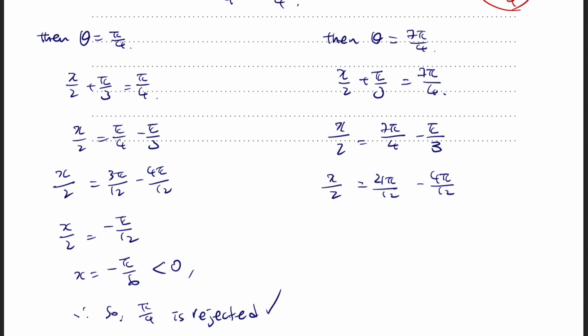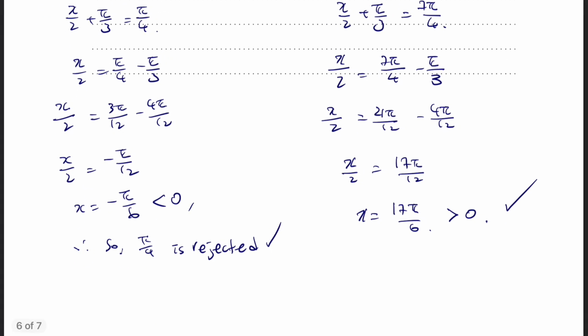Then x over 2 is equal to 17 pi over 12. Then the x value is equal to 17 pi over 6, and this is greater than 0. So this is accepted. Your final answer for x is 17 pi over 6.